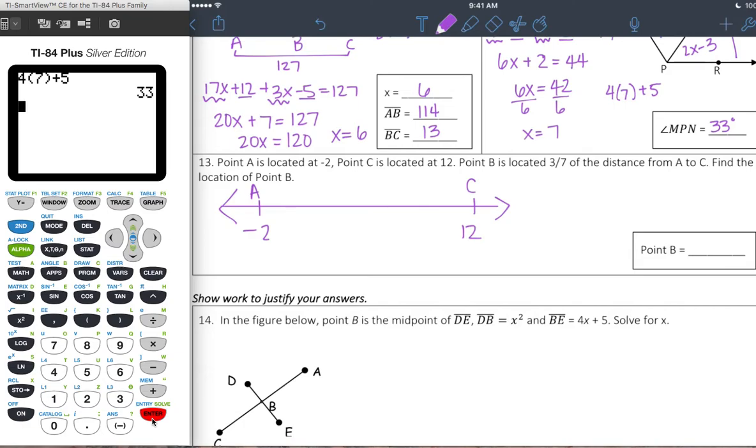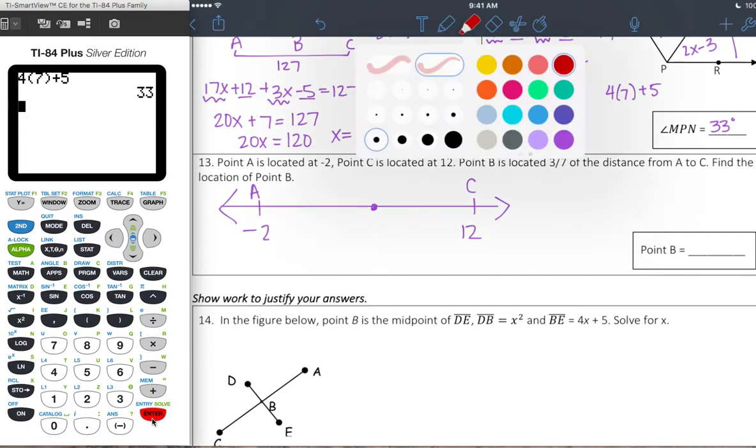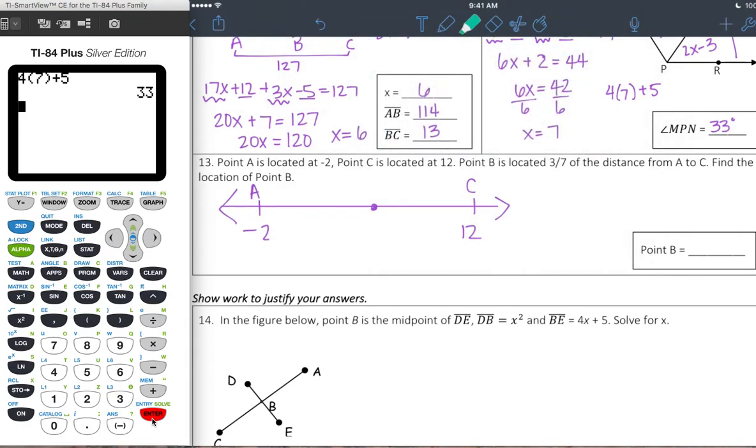It tells us that point B is 3/7 of the distance from A to C. So 3/7 of the distance from A, so starting at A towards C. So the first thing we have to do is find 3/7 of our total distance. Since we're going from -2 to +12, that has a total length of 14.